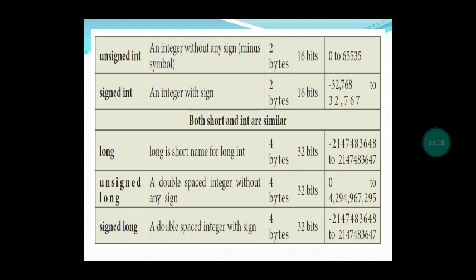Its range is 0 to 4294967295. Unsigned long is without sign, a double-spaced integer. It accepts 4 bytes, that is 32 bits, and its range is the same as long.